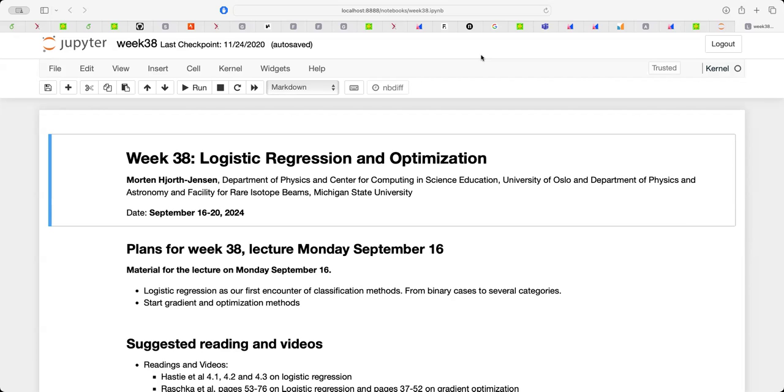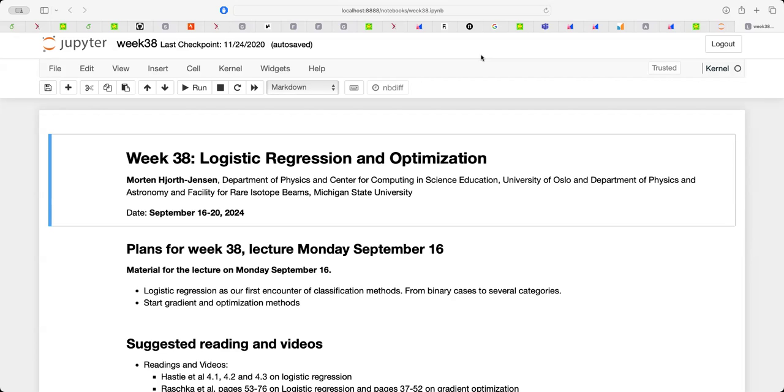Then it's up to you to design an algorithm which recognizes these handwritten numbers as 0s, 1s, 2s, etc. In that case, you would have 10 classes. And how we actually set up a machine learning algorithm for dealing with that, this is what we will discuss now.